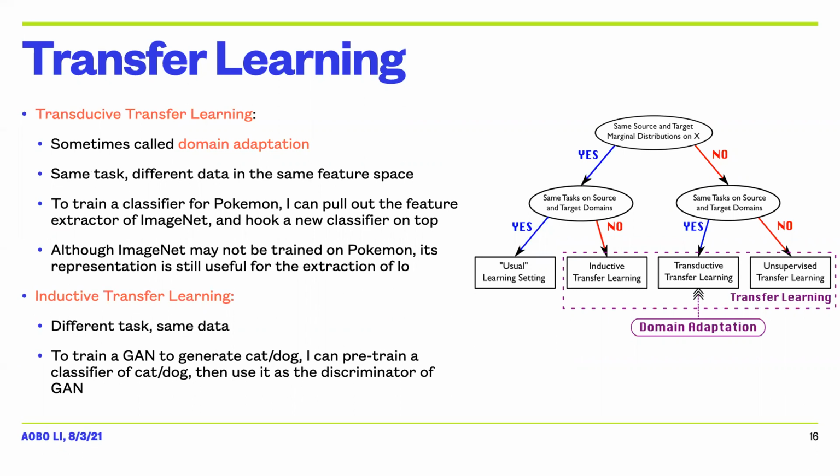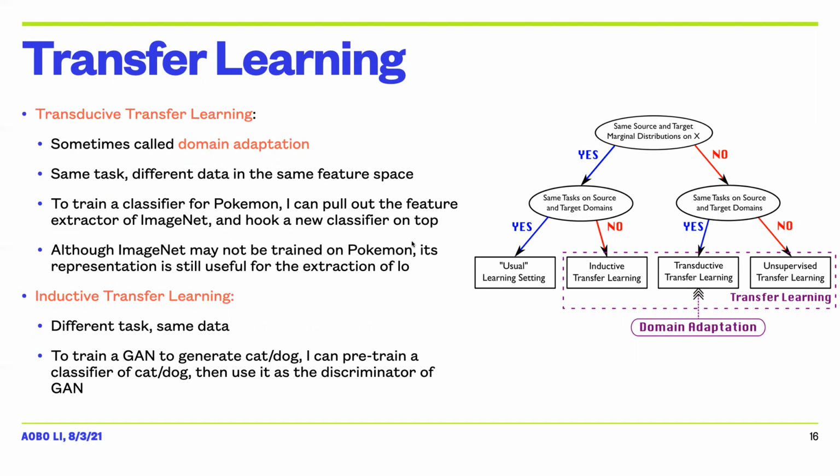For example, if I'm trying to classify Pokemon, I can pull out the feature extractor from ImageNet. ImageNet is a very large neural network trained by Google on millions of images. Then I can hook this feature extractor to a new classifier. By classifier, I mean a series of fully connected neural network layers on top.